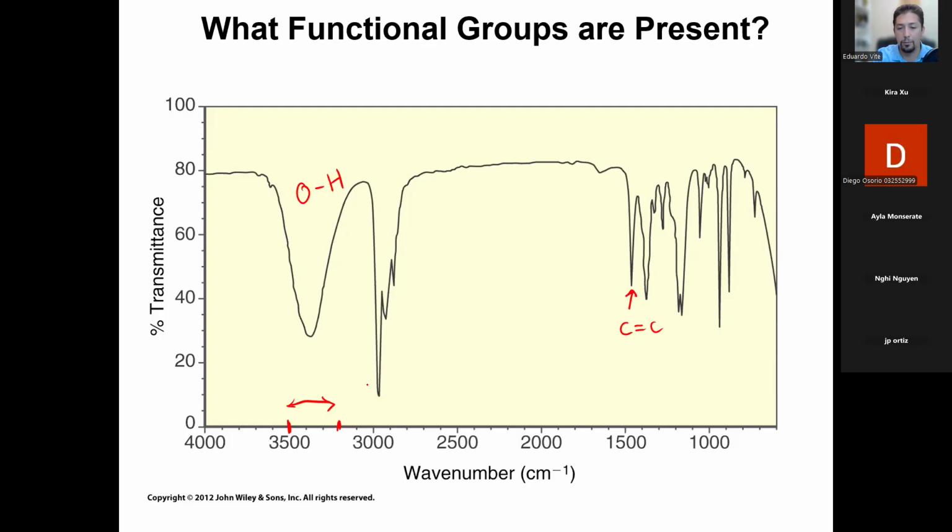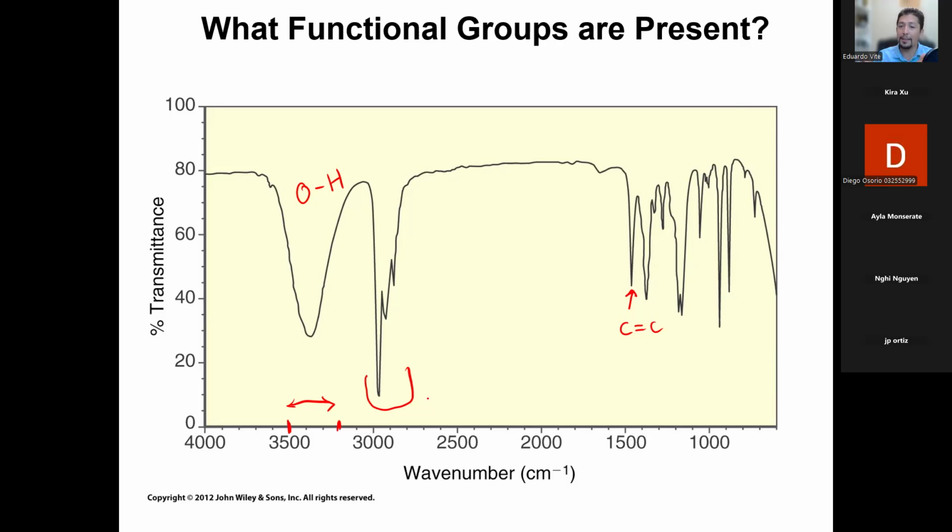What's this one right here? What's this at 2900, 3000? What is this? Is that a CH single bond? That is a carbon hydrogen single bond. Yeah. And that is always present in all organic molecules. So you should know that it's there.